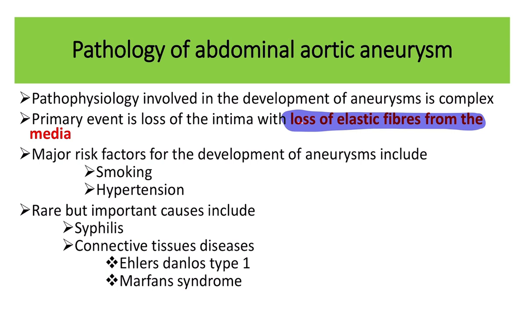The risk factors include smoking, and the second one is hypertension. So hypertension and smoking are the risk factors for the development of abdominal aortic aneurysm. Other causes include syphilis and connective tissue diseases such as Ehlers-Danlos syndrome and Marfan syndrome.